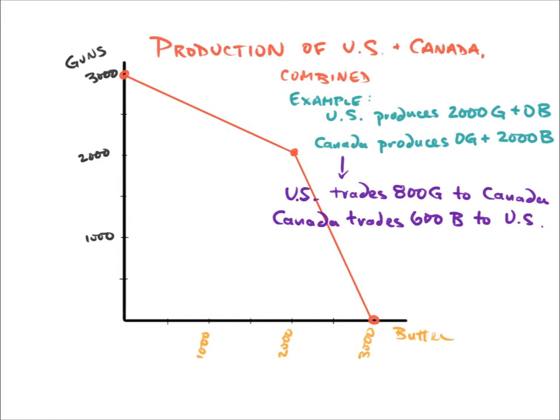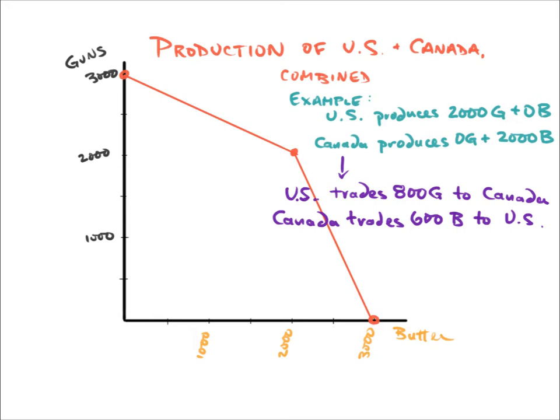Again, it's just an example. I'm making these numbers up to illustrate the following point. Then, let's see, how much does the US end up with? It produced 2,000 guns, gave 800 to Canada, so it's left with 1,200 guns. It produced 0 butter, but it got 600 from Canada, so the US can then consume 600 butters. Does that make sense?